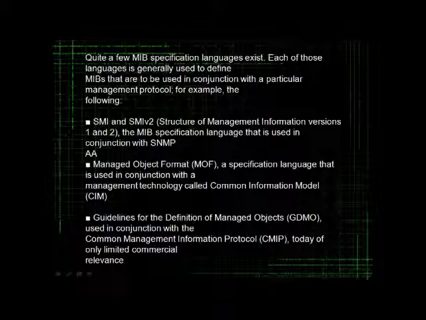Managed Object Format or MOF, a specification language that is used in conjunction with a management technology called Common Information Model or CIM. Guidelines for the Definition of Managed Objects or GDMO, used in conjunction with the Common Management Information Protocol or CMIP, today of only limited commercial relevance.